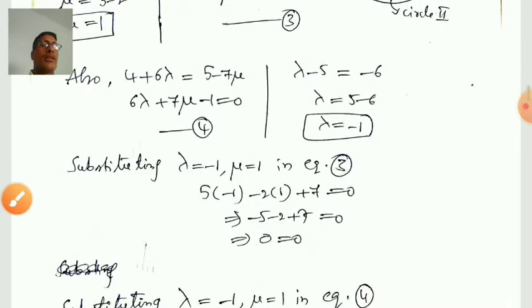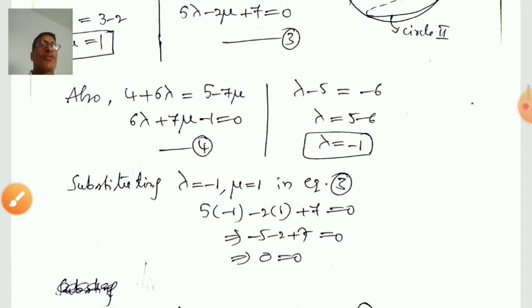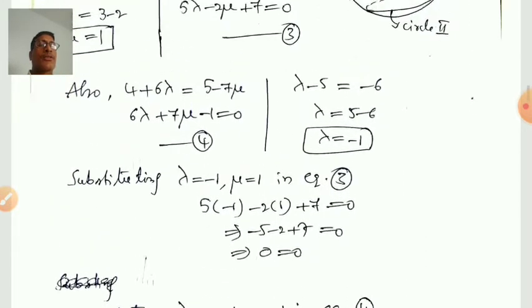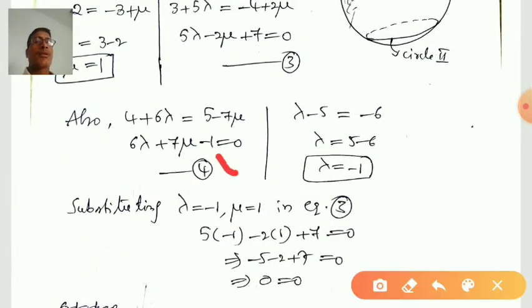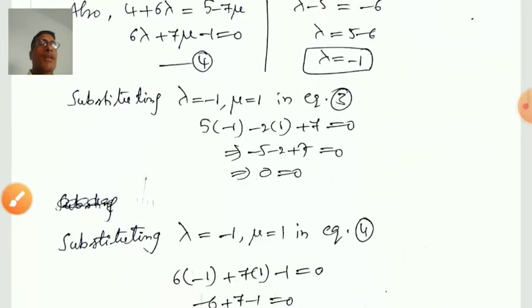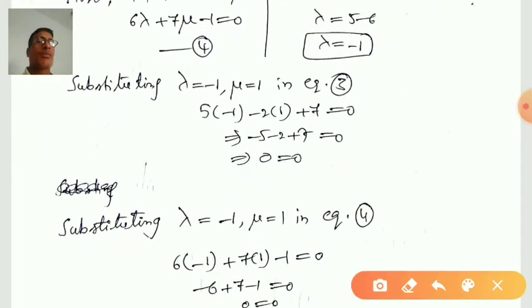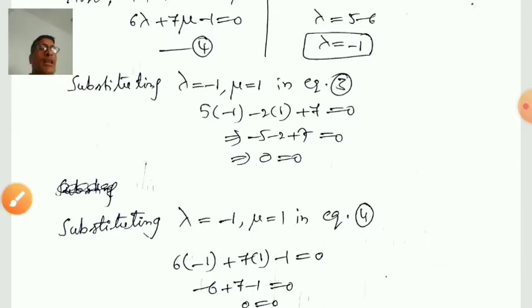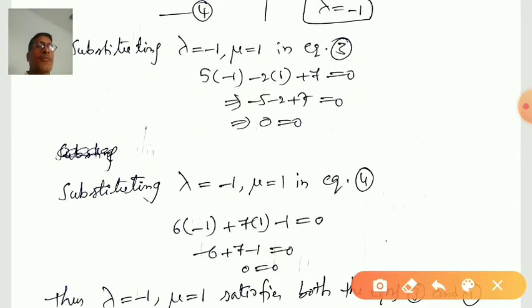So lambda is equal to minus 1 and mu is equal to 1, these two values satisfy equation number 3. And also for equation number 4, substitute the lambda value and mu value. Lambda is equal to minus 1 and mu is equal to 1 in equation number 4, you will get 6 into minus 1 plus 7 into 1 minus 1 is equal to 0. On simplification we will get 0 is equal to 0.